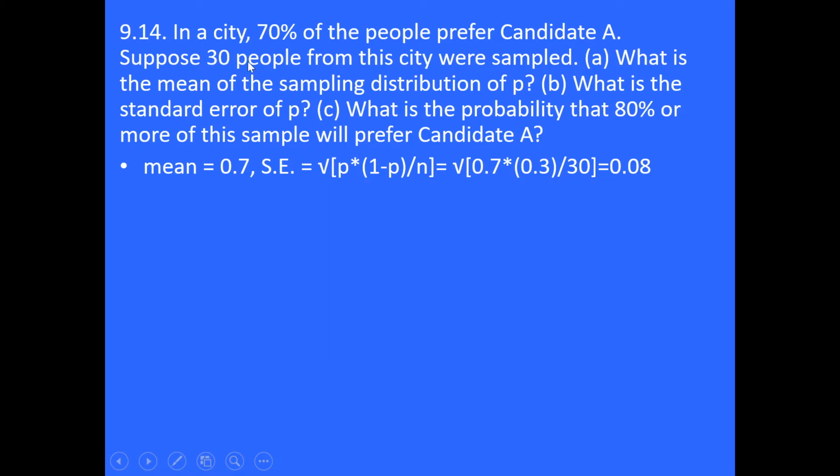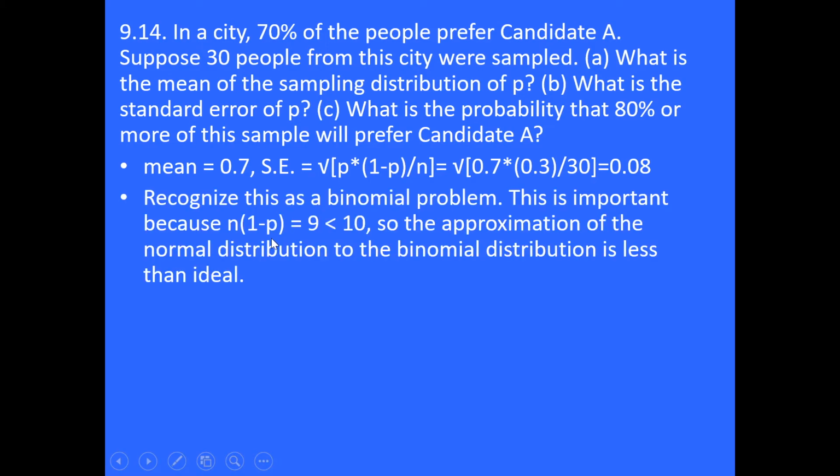Every time we take one of these people, you can think of the 30 people as 30 trials, and you ask that person, which candidate do you prefer? The average rate of those 30 people saying candidate A should be 70%. So we take this sample of 30 and we get 80%. Well, it's a little different than what we're expecting, but not that different. Okay, so recognize it as a binomial problem.